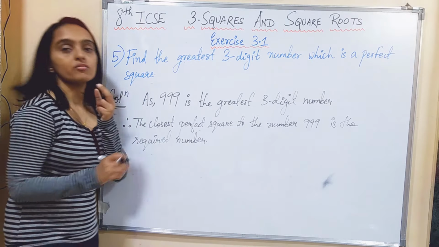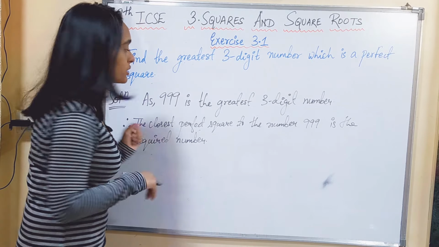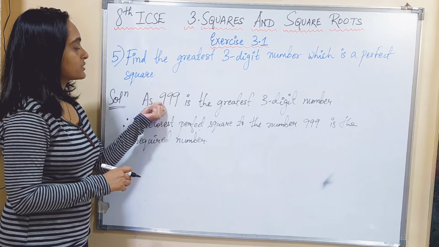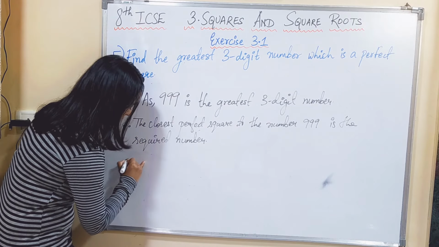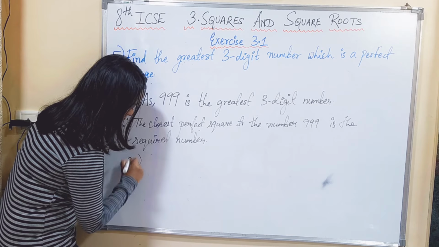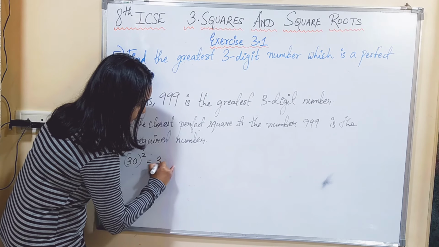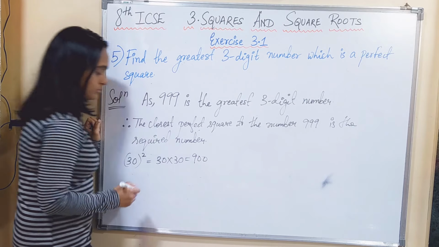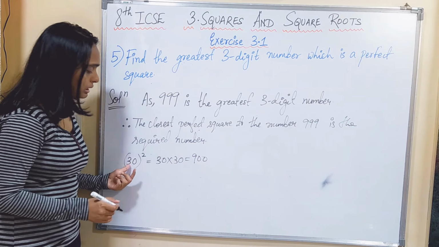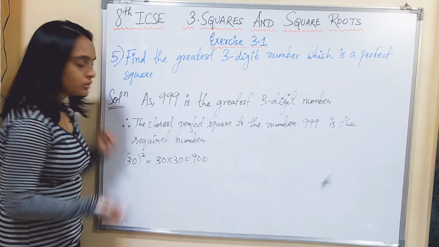So to find it, we have to check it by the trial and error method. So 999 is there. So we already know 3 3s is 9. So therefore 30 square will be 30 multiplied by 30, that is 900. So it will be nearly greater than this number.